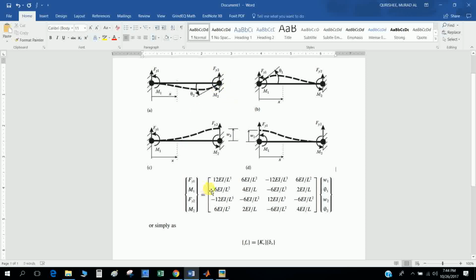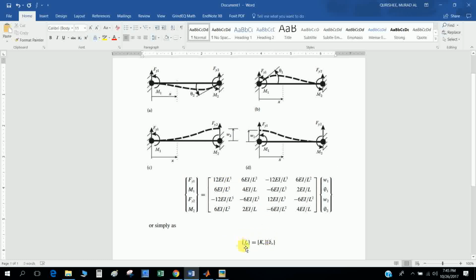First we have to form a stiffness matrix depending on the beam condition. You know how to form the stiffness matrix, and by this we form the stiffness matrix mainly based on elastic modulus, moment of inertia and length.